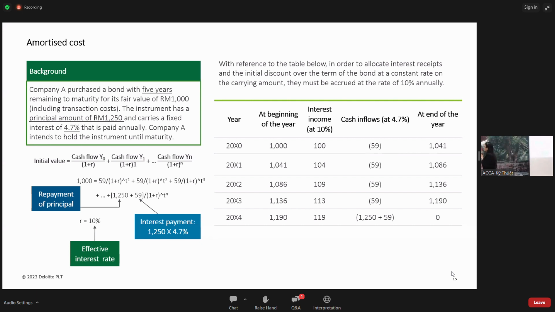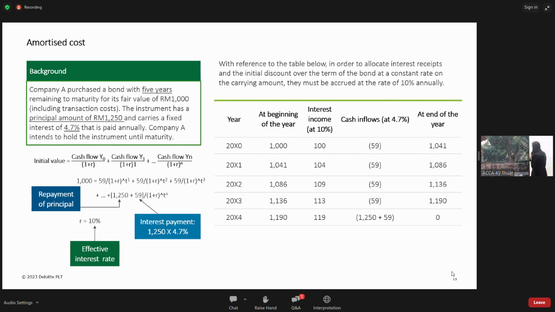And this instrument carries a fixed interest of 4.7% that is paid annually. So this 4.7% is the contractual rate. So when I look at my contract, the contract will say you pay 4.7% of the principal amount on a year-to-year basis.